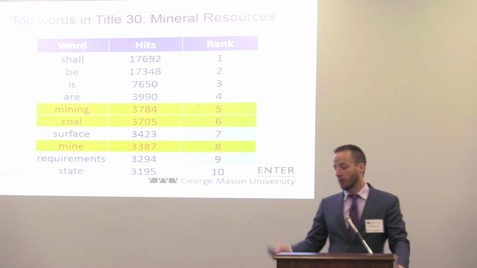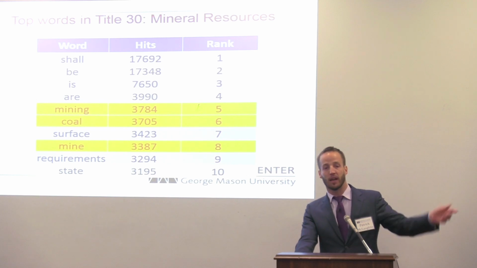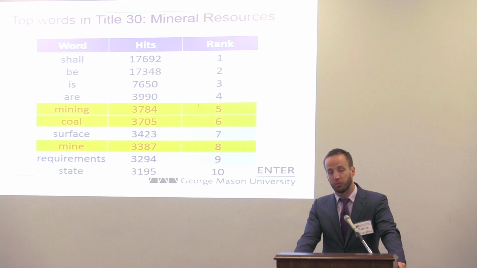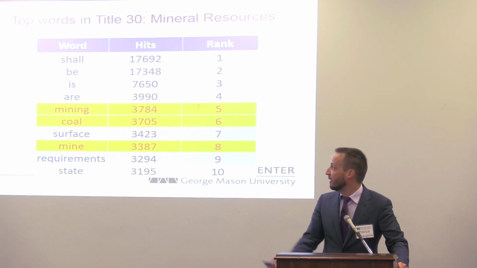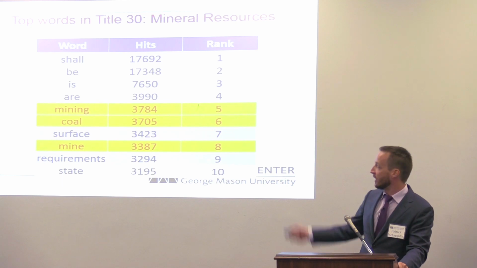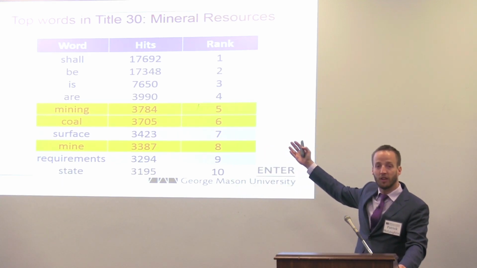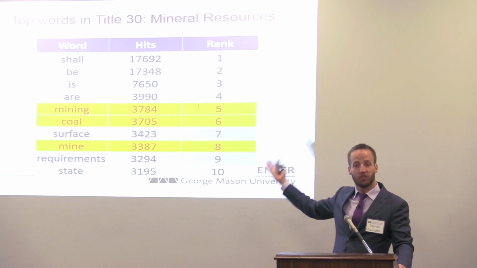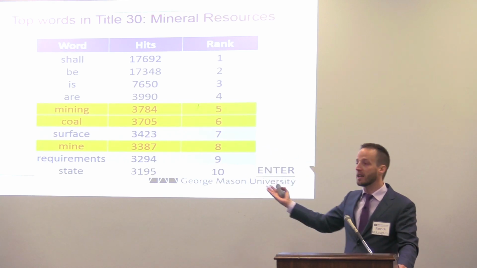So in that book, in Title 30, if you look at the most frequent words, if you don't count the and, or, the, articles or prepositions, just count the verbs and the nouns and the adjectives, the most frequent word actually is shall, but then fifth on the list is mining and then coal and mine. And so if you didn't even know that this is called mineral resources and you looked at the most frequent words, there's a good chance you're going to guess that this book is about mineral resources or mining, right?